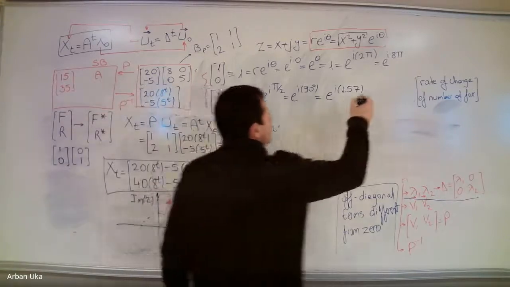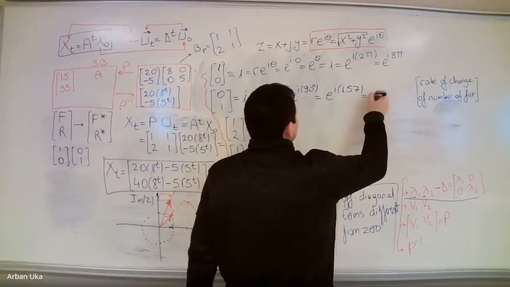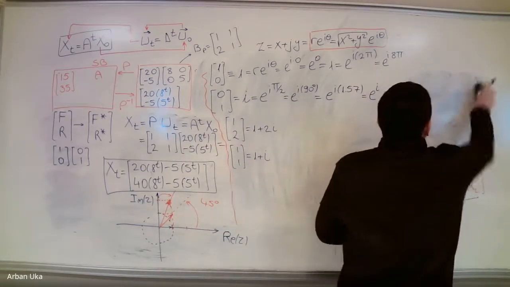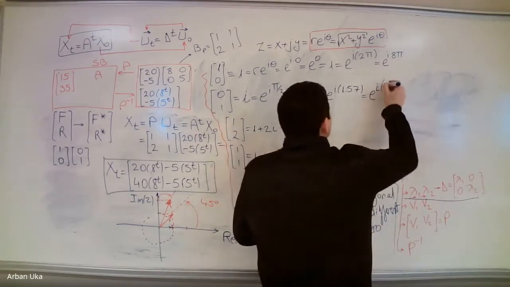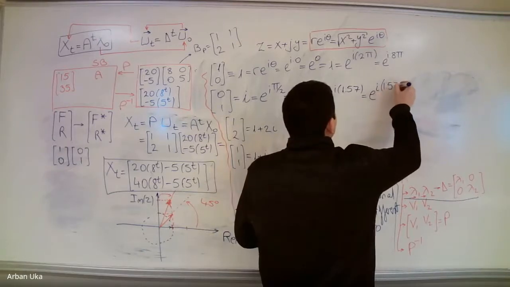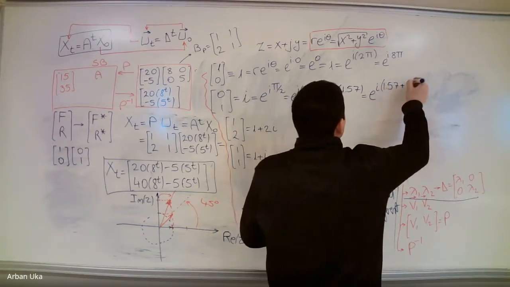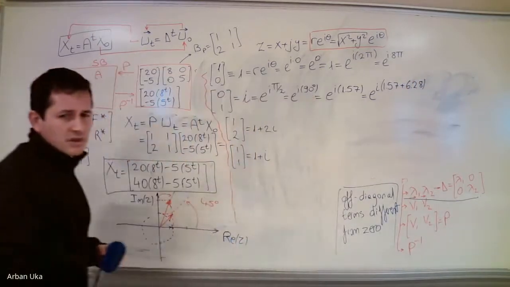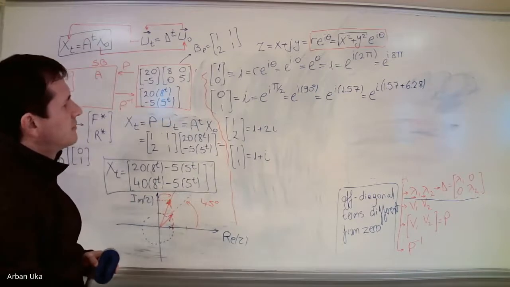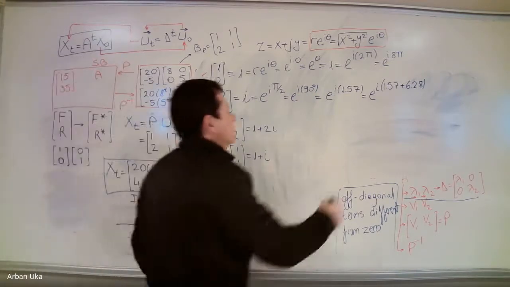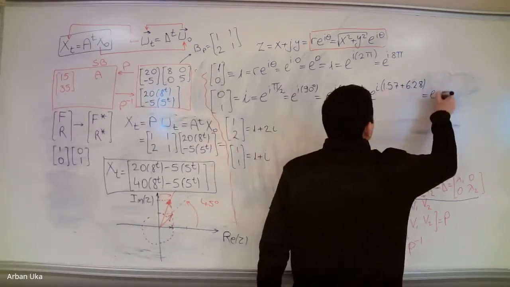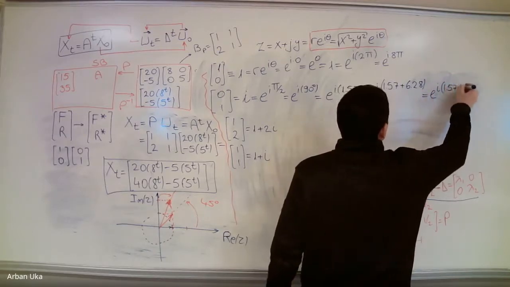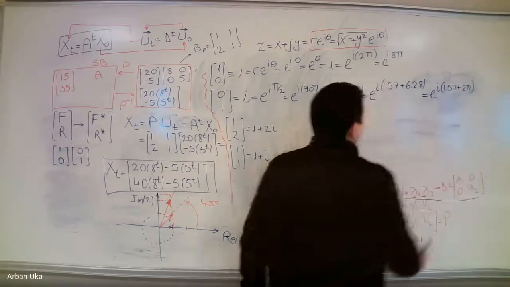But we can also write this as e to the power i times 1.57 plus 2 pi. What is 2 pi? 6.28. Everything is the same, so we can play along as much as we want.